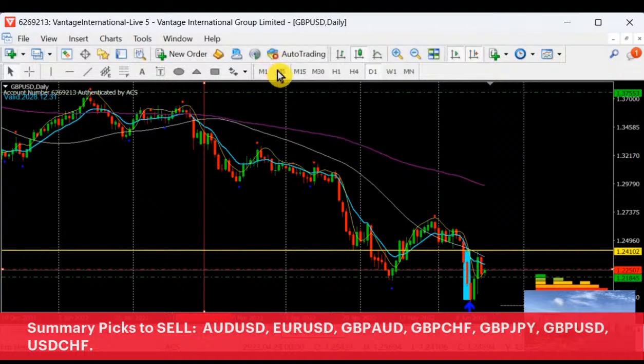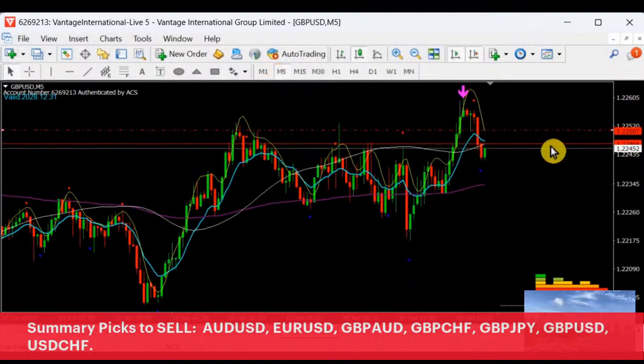Pound dollar right now is actually coming back here to retest the resistance over here, as we can see.